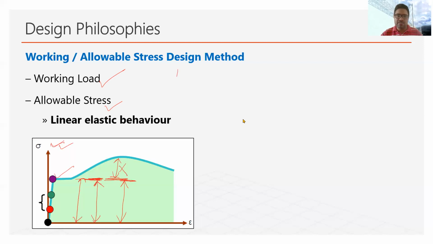Say, for example, there is a man, and he has to carry a load. Now we will ask how much load this person can take without failure. Failure here may be in terms of body failure of that human.